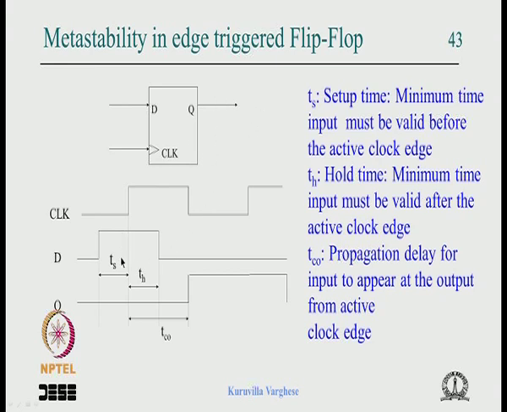That means if the data changes close to the active clock edge, it will take a long time for it to settle, and that is dangerous, because in a sequential circuit we find the minimum clock period, and once you decide that, if the output takes longer to settle, then it can violate the setup and hold time at the destination register. No issue with this flip flop, but it is driving something at that destination register.